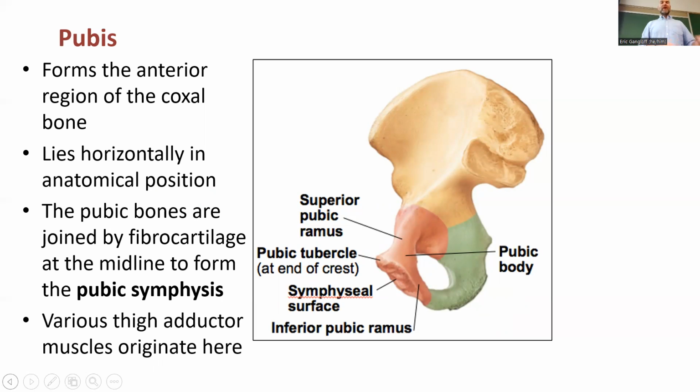And we have a number of attachments here for muscles that adduct your thigh. Adduct means, we haven't talked about this yet, when you move your limbs in towards your body. So it's attachment points for muscles that are going to move your leg medially towards the center line.